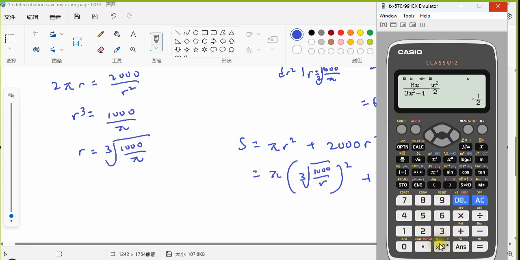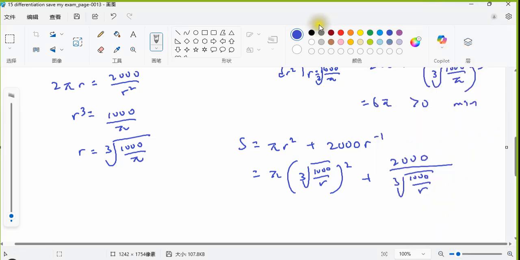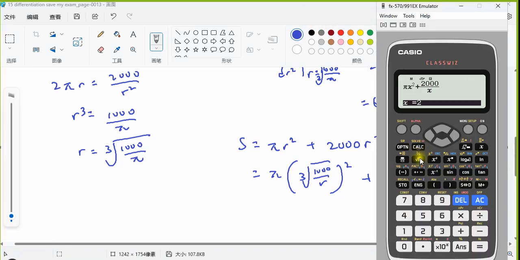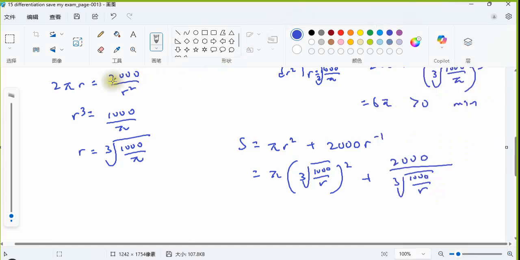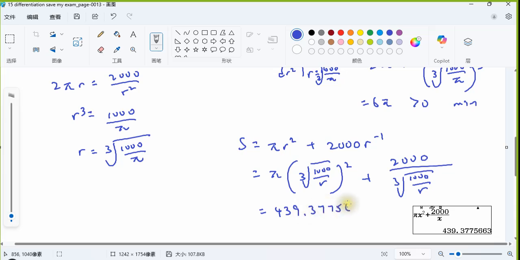So we have pi r squared plus 2000 over r, when r is the cube root of 1000 over pi. So this will be 439.3775663. So it's 439 cm squared.